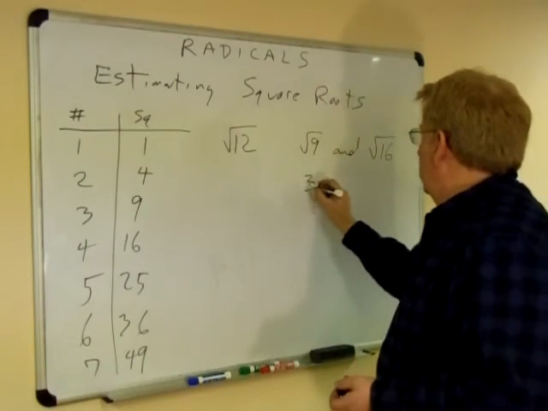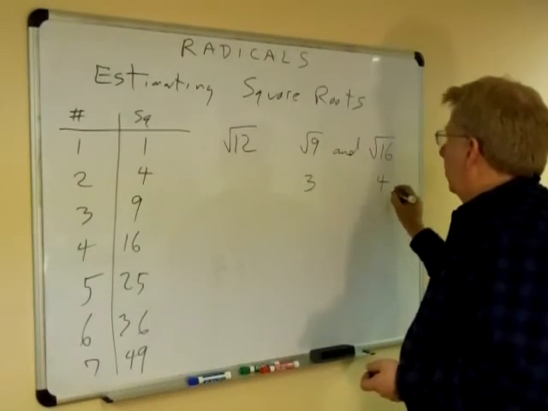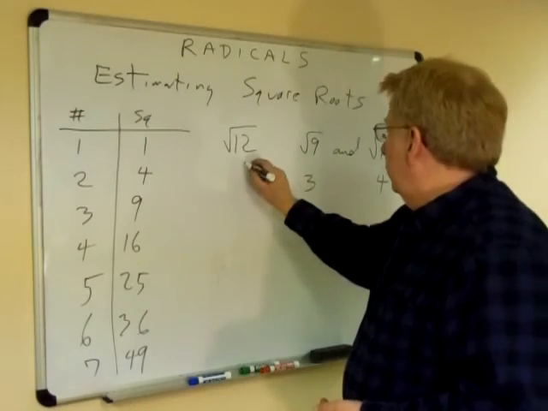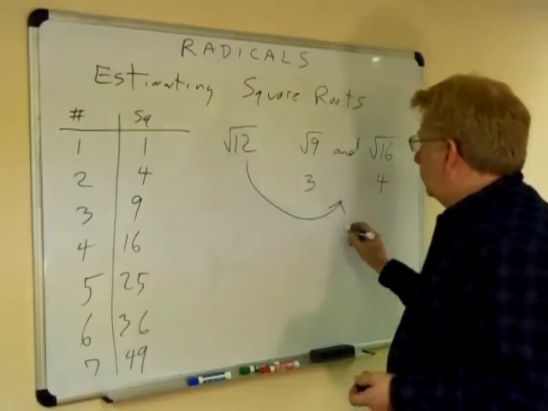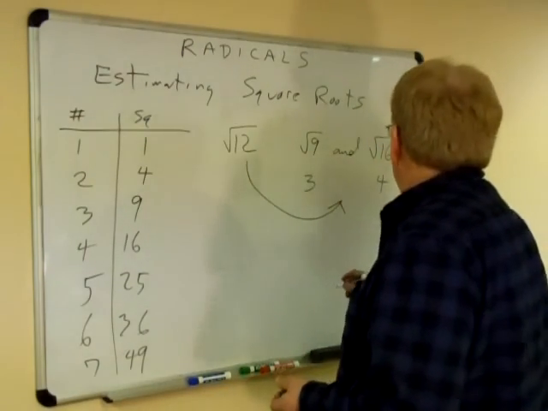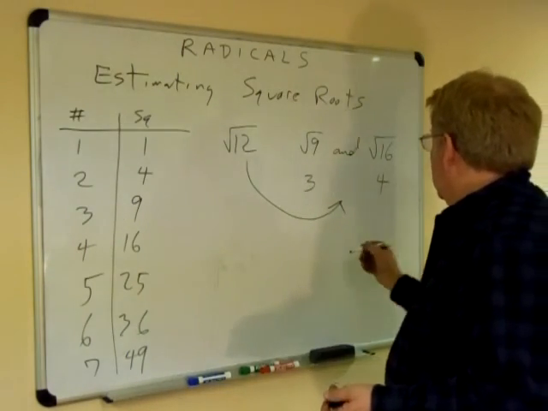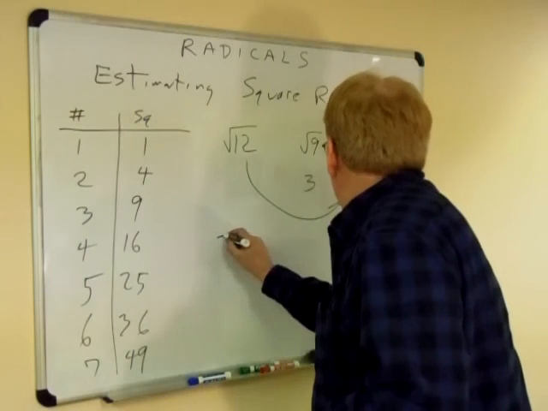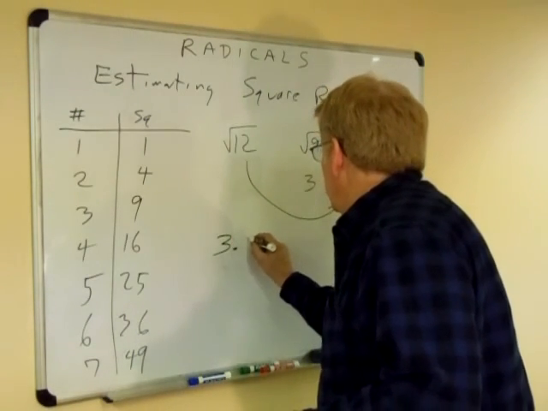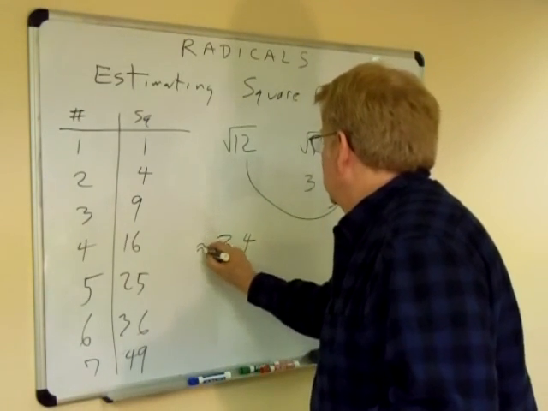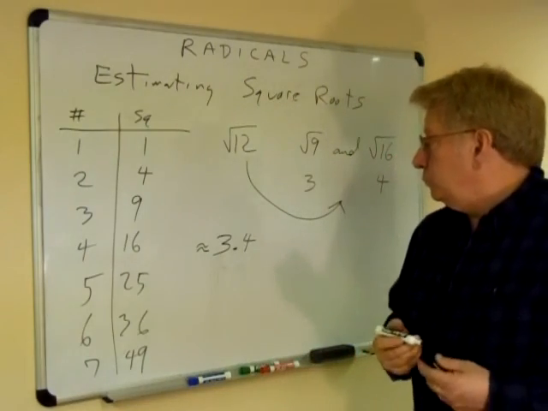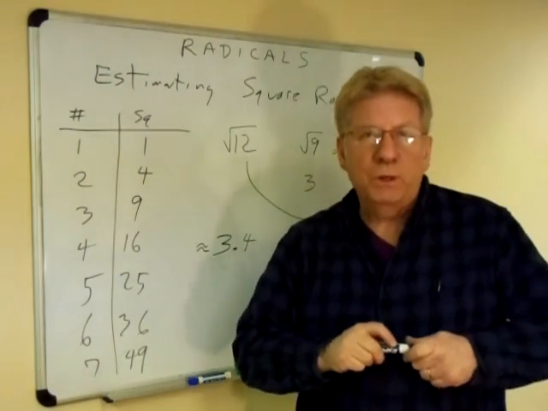The square root of 9 is 3, the square root of 16 is 4. So we know the square root of 12 is going to fall somewhere between these two numbers. We don't know exactly what it will be, but we'll just say it's like 3.4, somewhere in there. So that's how we can estimate a square root.